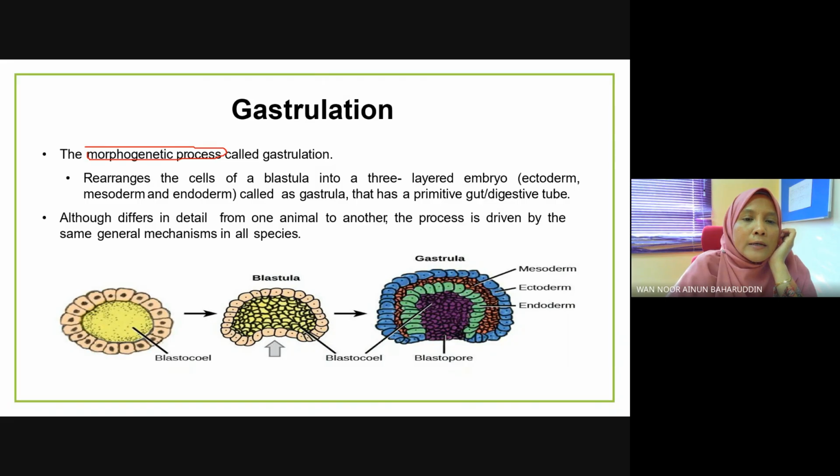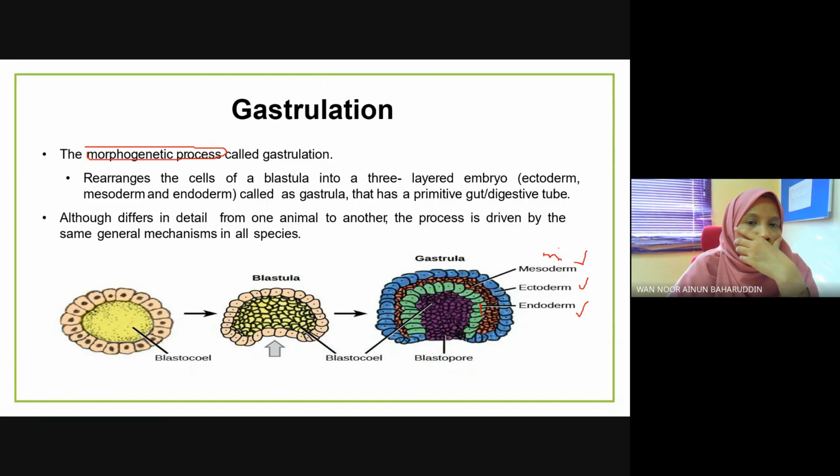They are arranging the blastula into a 3-layer embryo. We have ectoderm at the outer part, mesoderm at the middle part, and endoderm in the inner part.